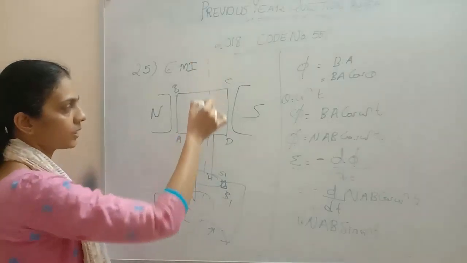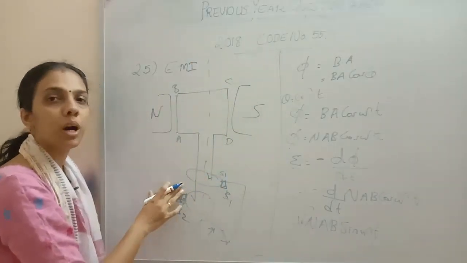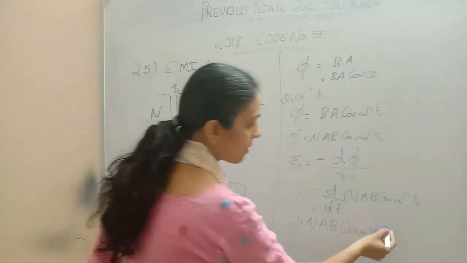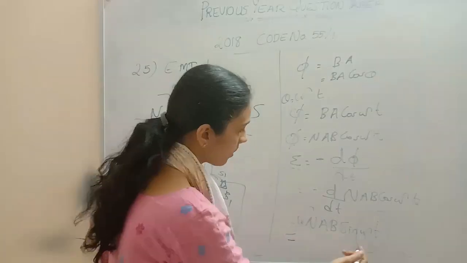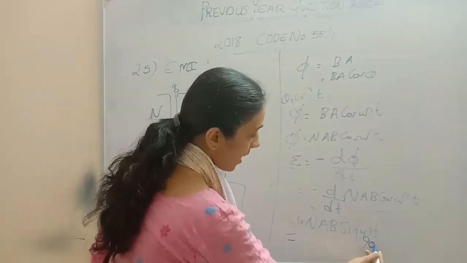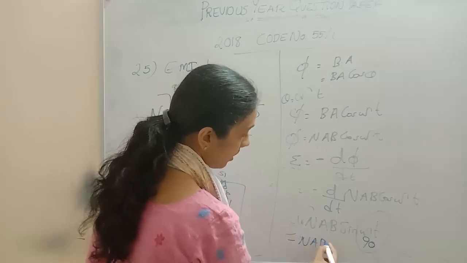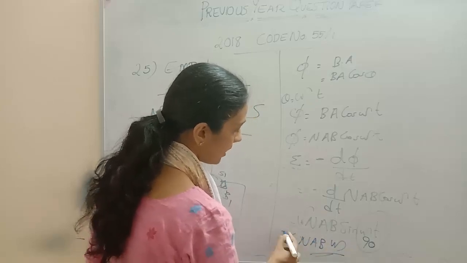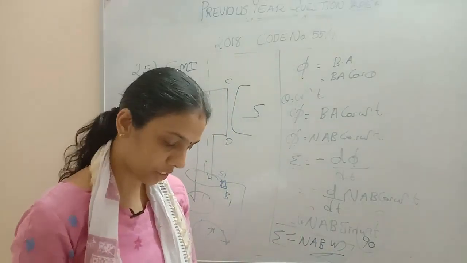So this is the axis of rotation, and the magnetic field is perpendicular to it. So what is the value of sin omega t then? It is 90 degrees. So we will get NAB omega, since sin 90 equals 1. Both are perpendicular to each other.